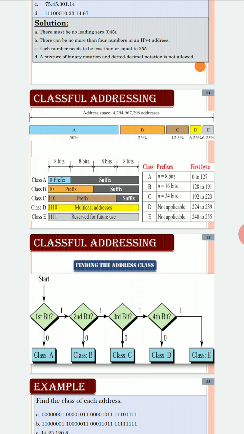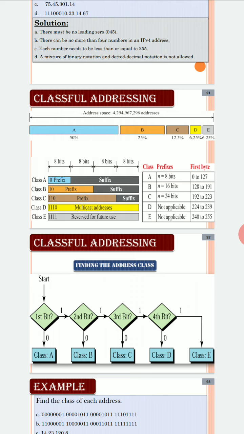In class B, the network or prefix length is 16-bit, that is 8-bit and 8-bit, and the first 2 bits have to be 10. Any address that starts with 10 we call class B addressing.